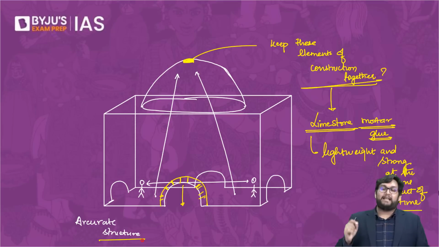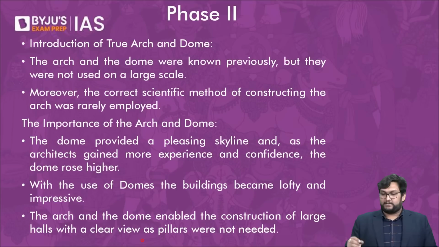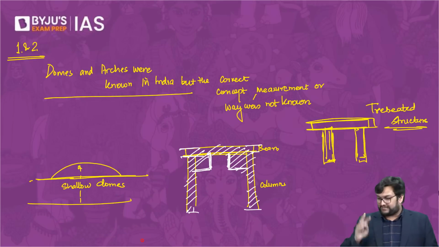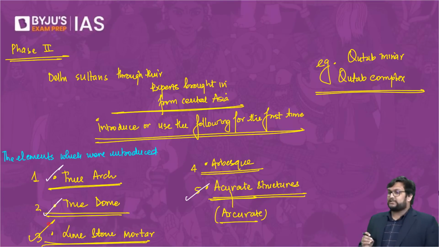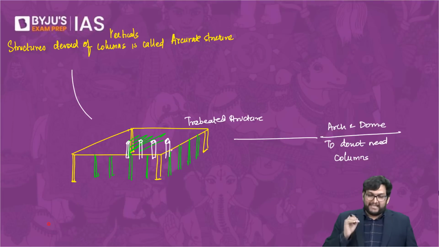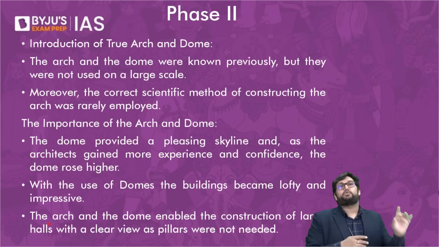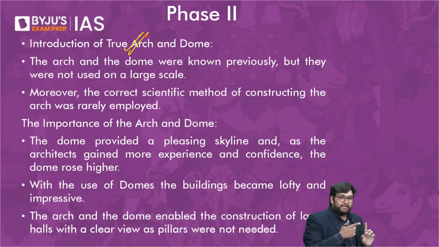Simple point is that in order to have dome and arches, arcuate structures, you need to use a mortar. It specifically should not be limestone, but it is limestone which they introduced, which becomes a staple and a standard thing. So please be very clear that Delhi Sultanate rulers are the ones who introduced true arch, true dome. Previously, we did not know the scientific method of making it.